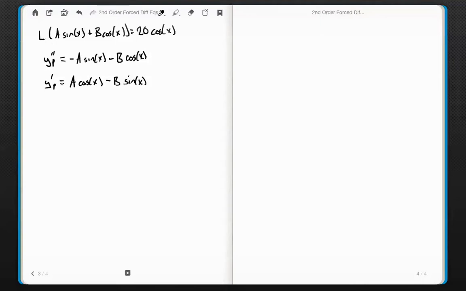So now my operator acting on this whole thing, remember, is the second derivative.